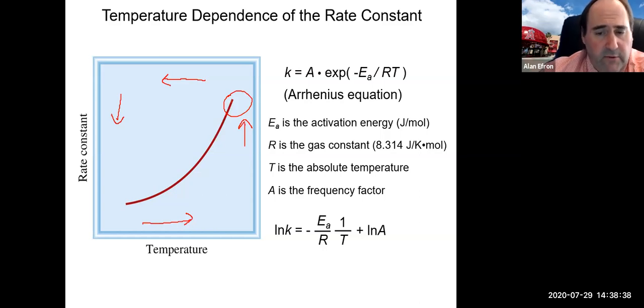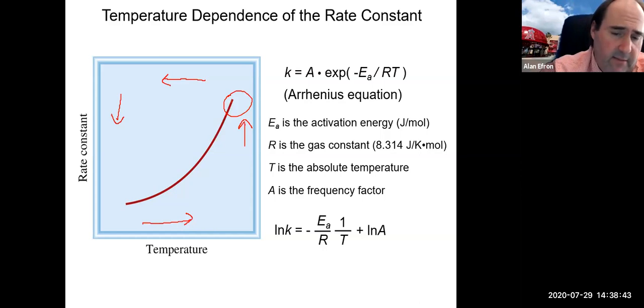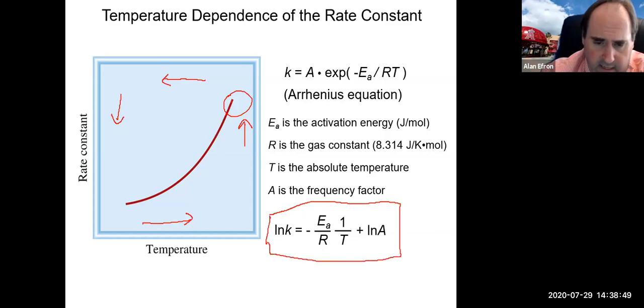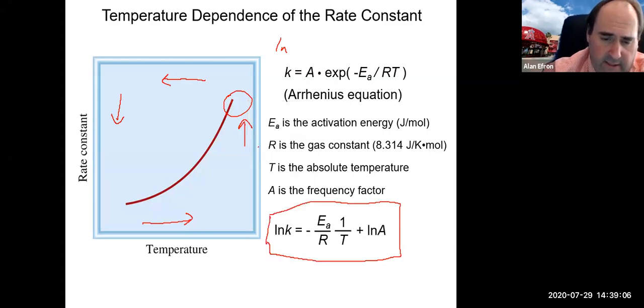But a more useful graph of the Arrhenius equation is what we see on the bottom. This equation is one version of the equation that's up on top. Basically, they natural logged everything, and when you do that, it gives you a very nice relationship, which is typically the plot we associate with the Arrhenius equation.